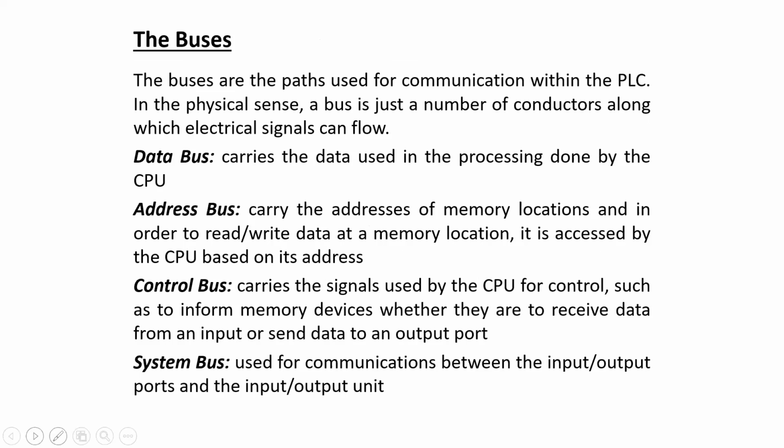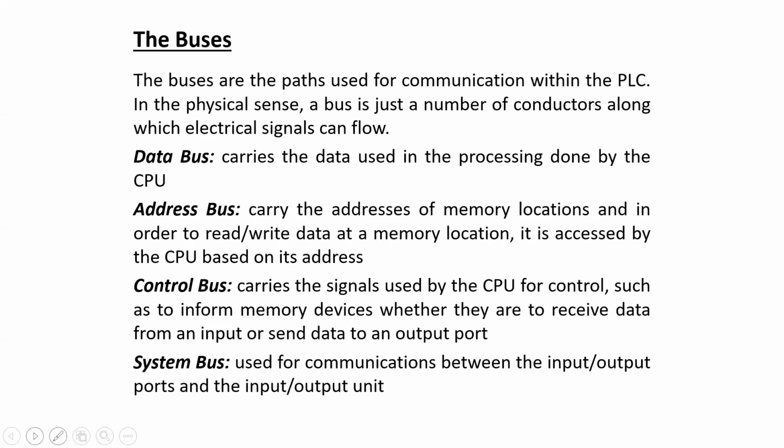Now, different types of buses were introduced in the diagram of the internal architecture. So 4 types of buses are normally there. The data bus carries the data from the input device, or any data that is processed by the CPU is carried through the data bus.